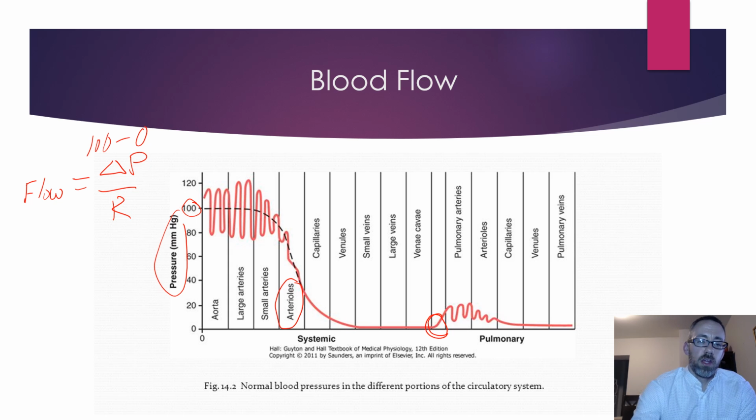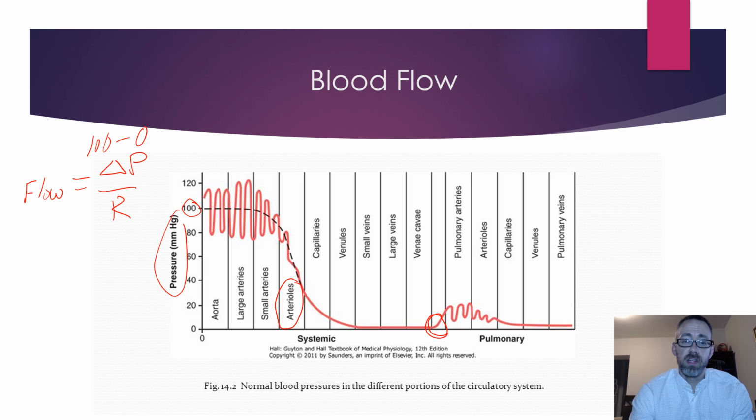Okay. The R stands for resistance, and there's many factors that go into resistance, which I will get to in the later slides. But resistance inhibits blood flow. And so if resistance were to increase, the effect would be to reduce flow because they're inversely related. So if resistance goes down, flow goes up.